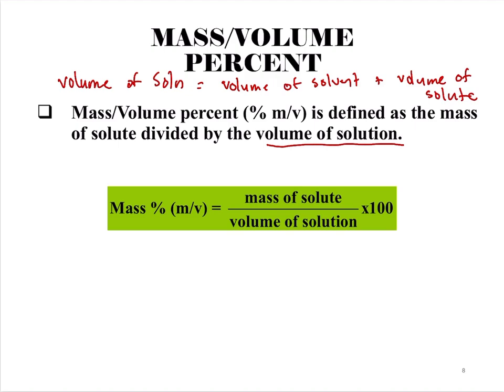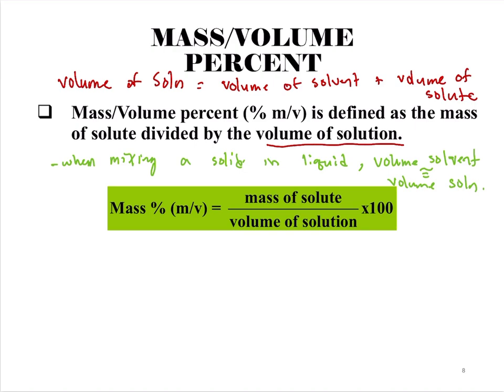So if you're mixing two liquids together to get a mass to volume percent, you need to be aware of that. Generally, if you're mixing a solid and a liquid together, the volume of the solvent will be the volume of the solution. So when mixing a solid in liquid, the volume of solvent generally equals the volume of solution.